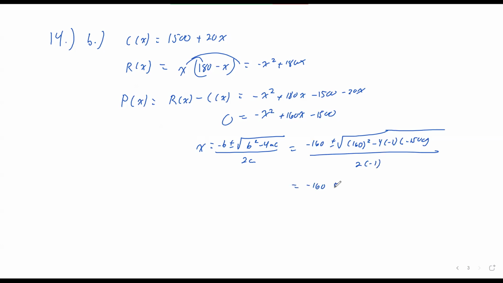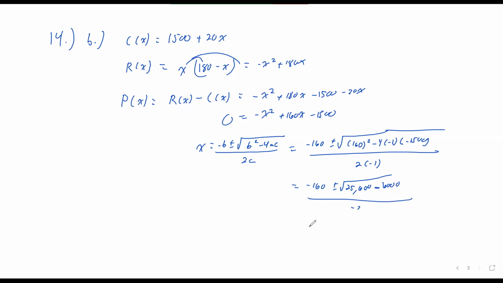So I get negative 160 plus or minus the square root of 160 times 160, which is 25,600. Positive then negative, so this would be negative 1,500 times 4, so that's 6,000.